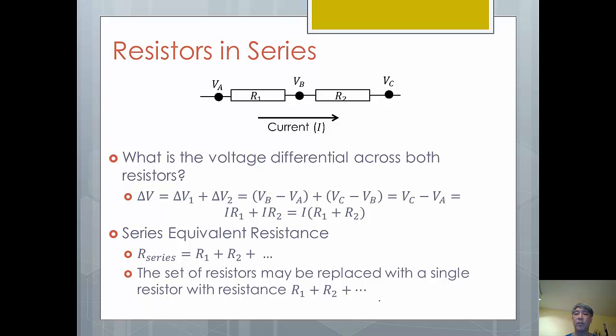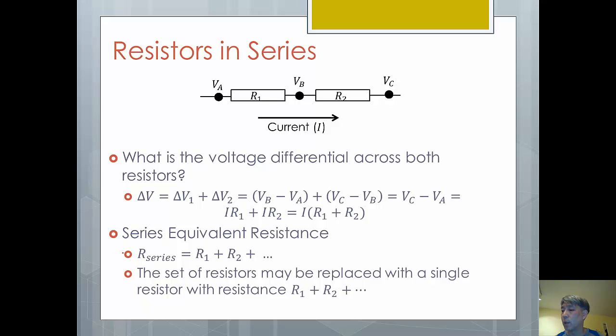Okay, so we can frequently replace a set of resistors, R1 and R2, with a single resistor, just like we did when we were looking at systems. We grouped multiple objects together, and that grouped object helped us to solve problems by getting us additional information. In this case, we can do the same with resistors, okay? And the way to replace them is to simply add the two resistors together and replace that with R1 plus R2.